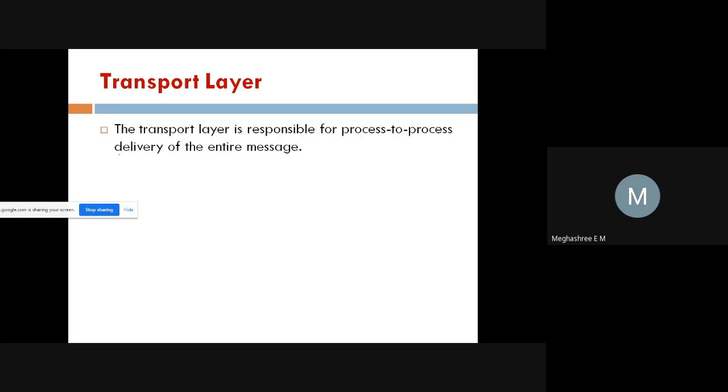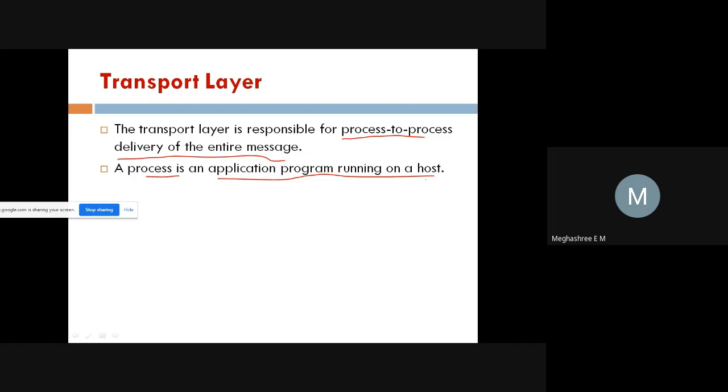Transport layer is responsible for process to process delivery of the entire message. We'll see that by considering an example, but you have to remember it is process to process delivery of an entire message. Next, what is a process? It is an application program that is running on a host.